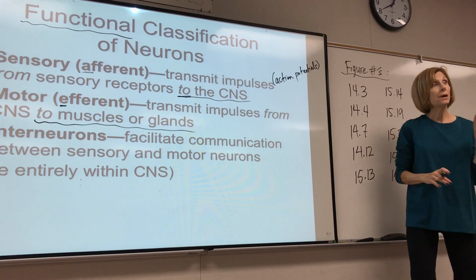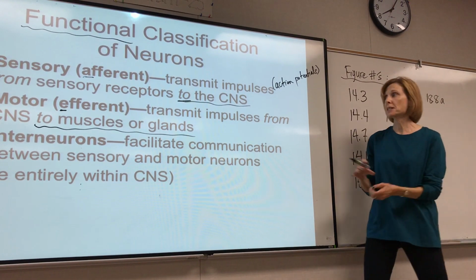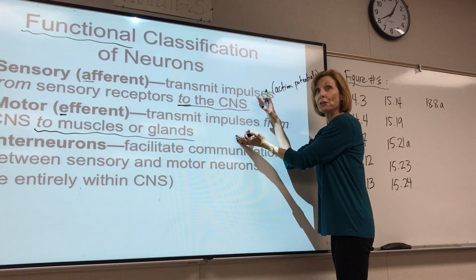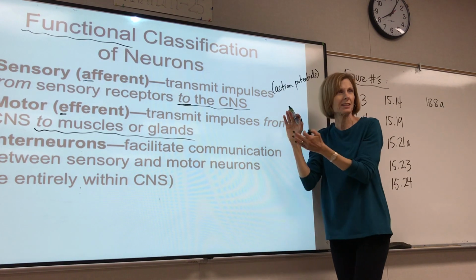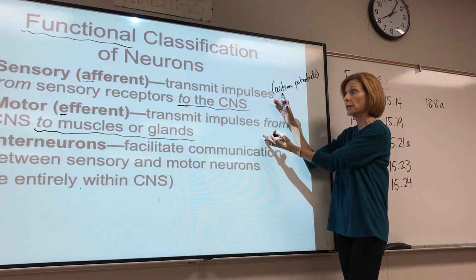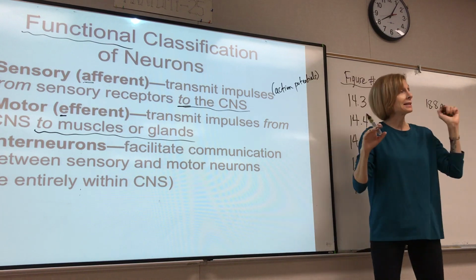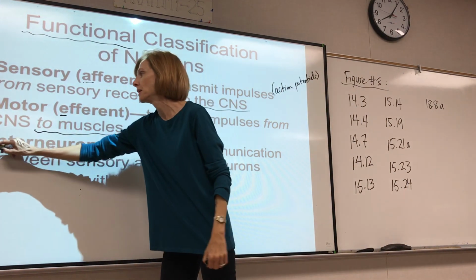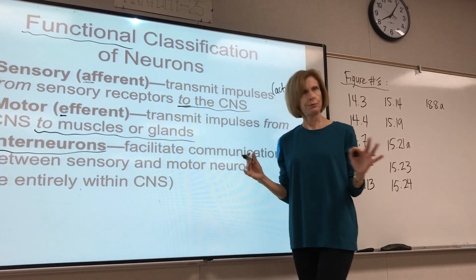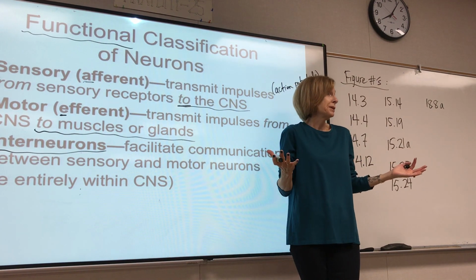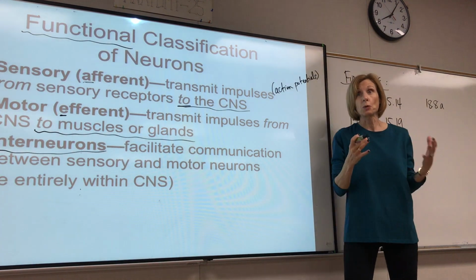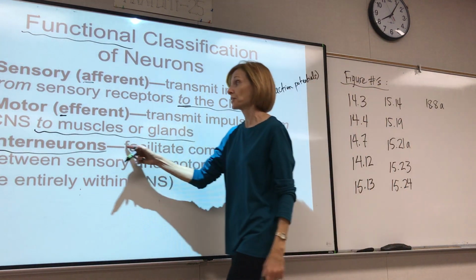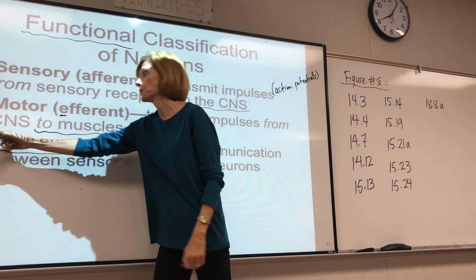Okay, but very interesting. It seems like this would pretty much account for all the neurons in the nervous system, right? Seems like that would make sense. But over 99% of all of our neurons are actually this third type. So you might think, well, how can that be? Because we have millions of neurons that are sensory or motor. But this is literally billions and billions of neurons.